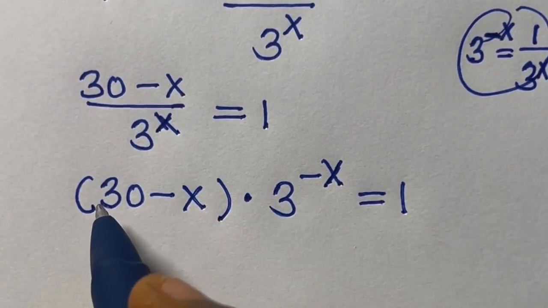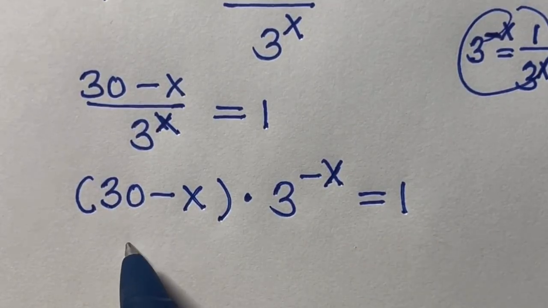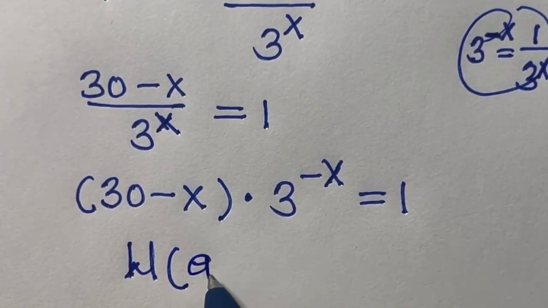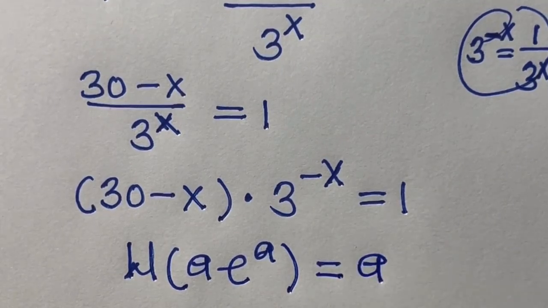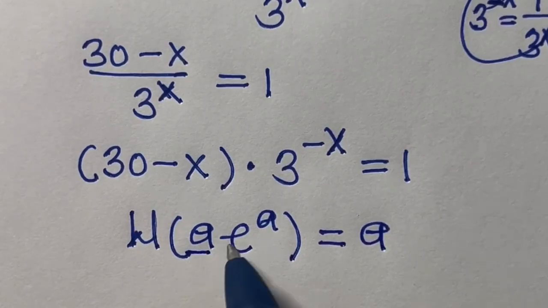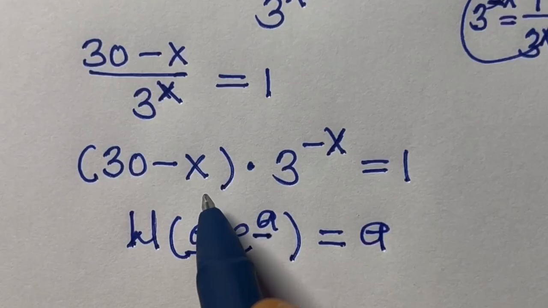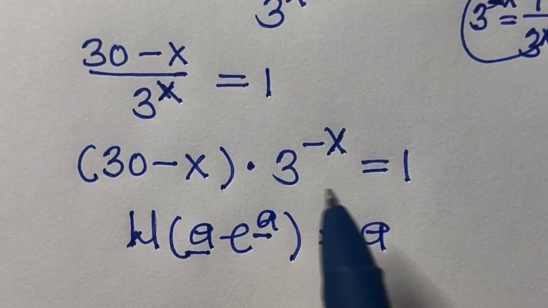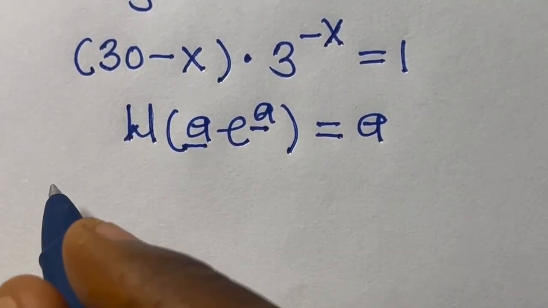So alright, here I need to apply the Lambert function, which is, if we have the Lambert function of a exponential a, it will be equal to a. So I must make the base and this power the same, and to do that here we need to multiply both sides by 2 raised to power 30.